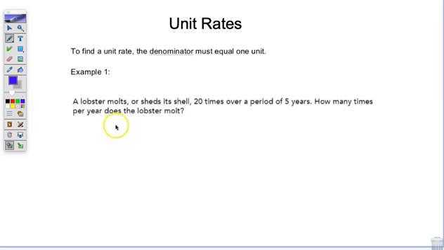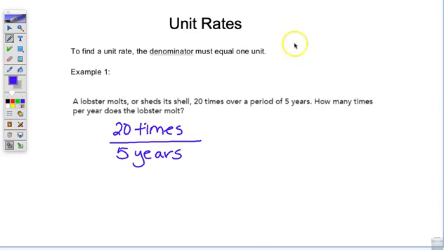So we're going to take the total number of times that the lobster has molted, and we're going to divide that by 5 years. So remember, up here it said we want our denominator to be equal to 1. So we have a denominator of 5. If we divide that by 5, you know that you can have a denominator of 1.